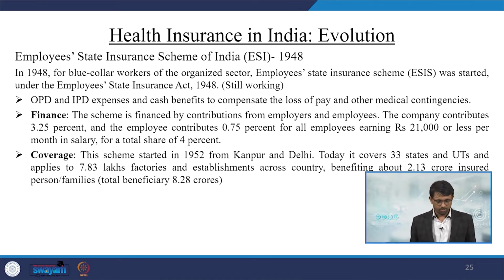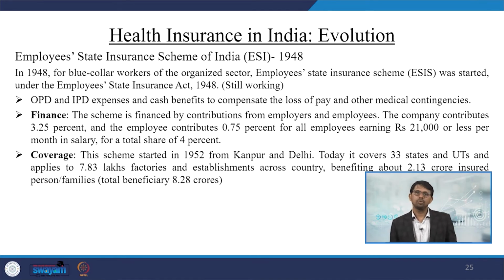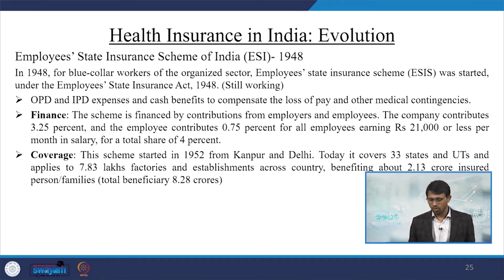And there are some financing and coverage aspects we discussed. The scheme is financed by contributions from employers as well as employees. The company contributes around 3.25% and the employee contributes 0.75% for all employees earning rupees 21,000 or less per month in salary, for a total share of 4%.